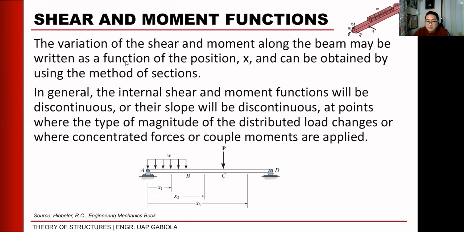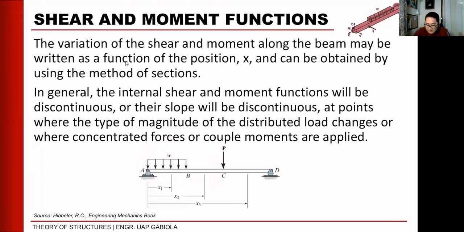Like for example, itong given beam natin, we have a simply supported beam, meron tayong hinge at left side and then roller at right side. And then nakita natin, yung mismong tributary load natin o yung rectangular applied load natin is hanggang point B lang, no? So once na nawala na yung load na yon, ibig sabihin yung internal forces dito sa portion na to will be different from this one. Okay? Kasi wala nang nakapatong na load sa kanya.